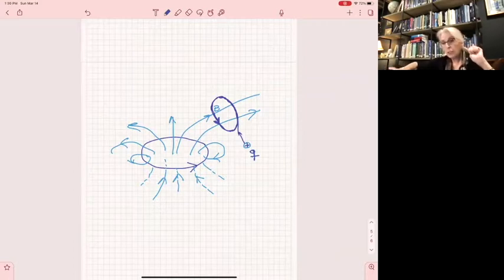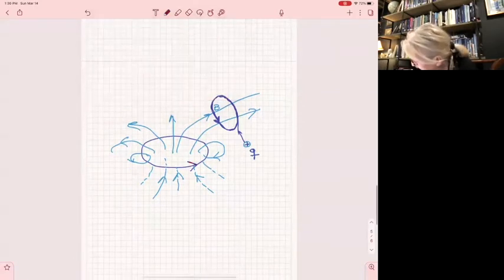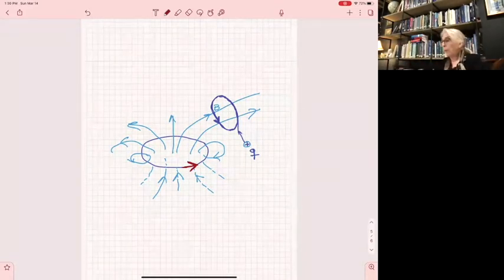So this charge is going to start orbiting in this magnetic field forever around these magnetic field lines from the source. That's your source here. Then you would be orbiting around that because of the magnetic force.